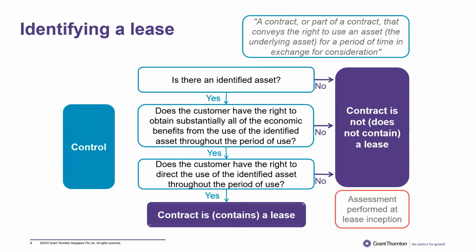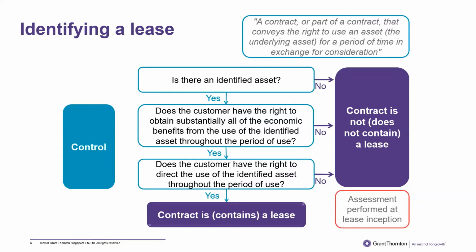The more complex arrangements, where you don't have a legal lease but an embedded lease, as we popularly call it, are where you probably require more judgment. As I said, if all these criteria are met, this is a lease. Now, please note that a contract may contain a part which is a lease. For example, contract manufacturing essentially has two elements. If it meets these criteria, it will have a lease element and a sale or purchase element.